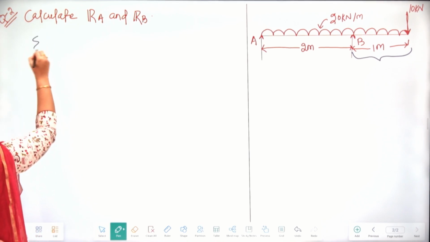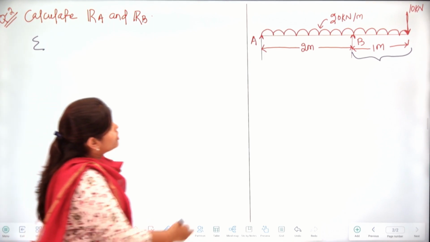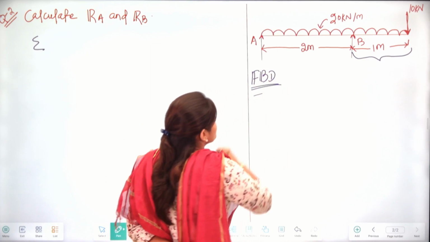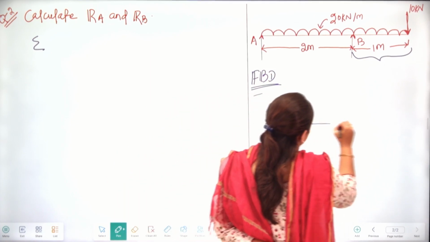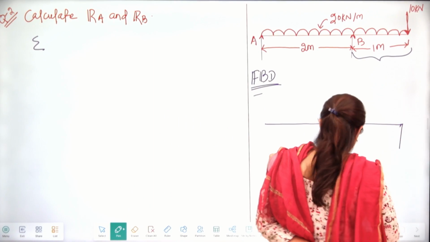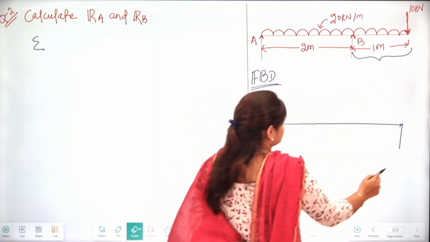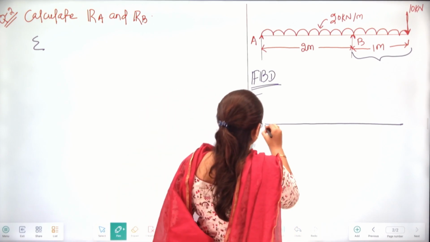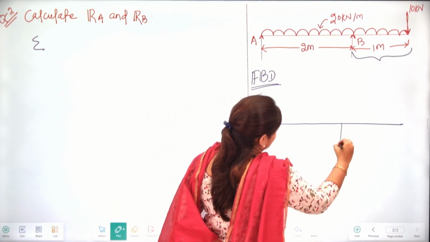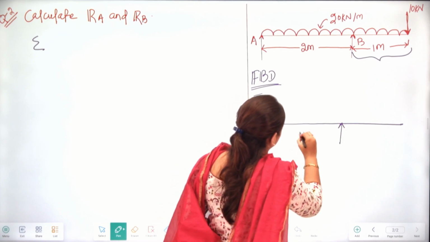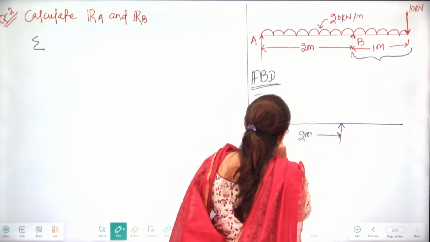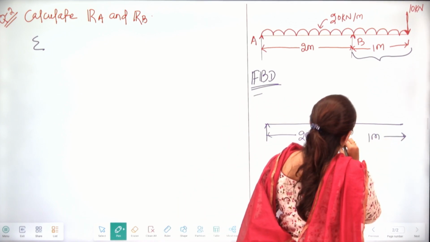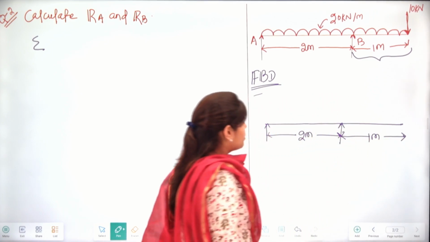We know that first let's go for the free body diagram. Okay, this distance is 2 meter and this overhanging part is 1 meter.